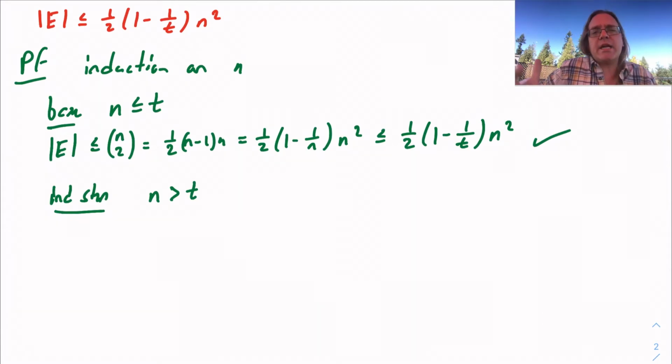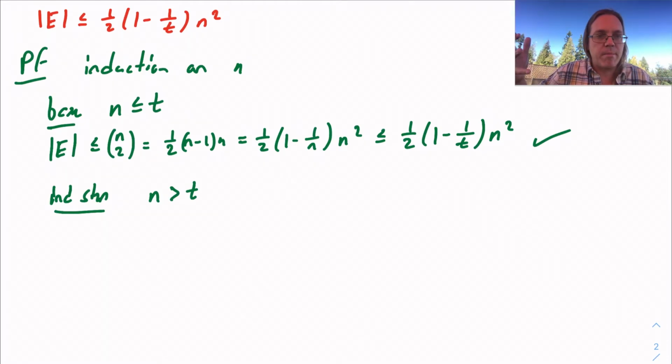But suppose I gave you a graph that doesn't even have a clique of size t. Well, I could freely add an edge to that, and I would still have a graph that has no clique of size t plus 1 or larger, right? If you have a graph where the biggest clique is size t minus 1, I could just add an edge to it, and by adding one edge, I can't increase the size of the largest clique by more than 1.